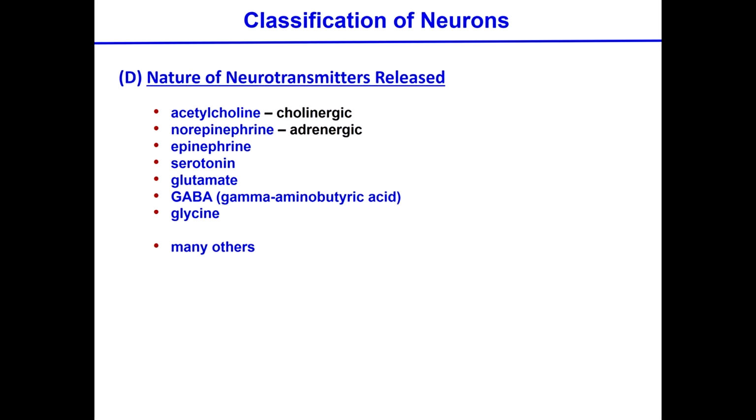Probably the most frequently mentioned are the first ones. People call them cholinergic and adrenergic type of neurons. There's also the GABAergic, the glutamatergic. That means that they are neurons that secrete a particular compound.